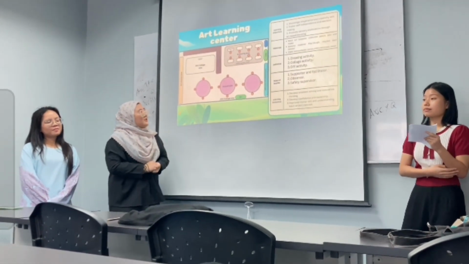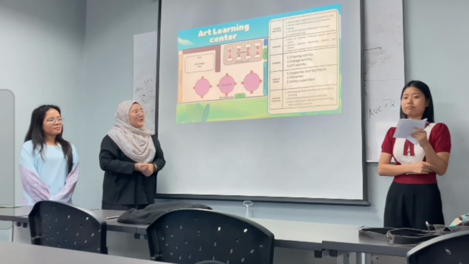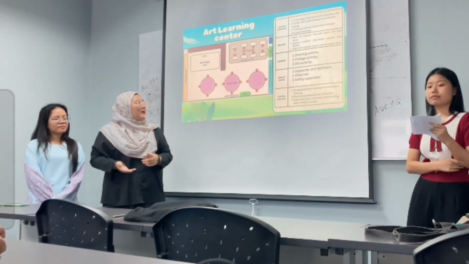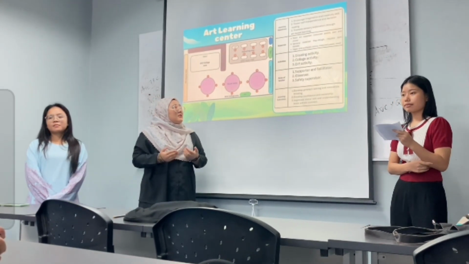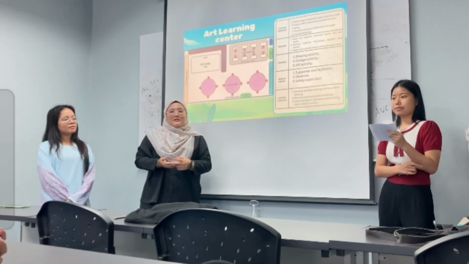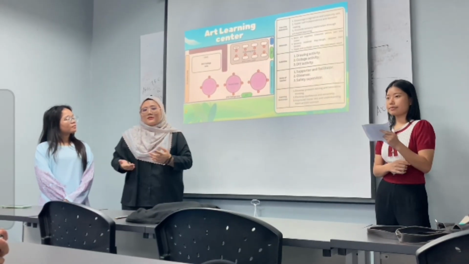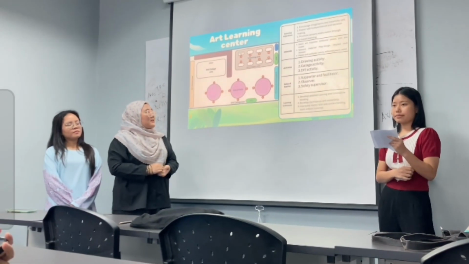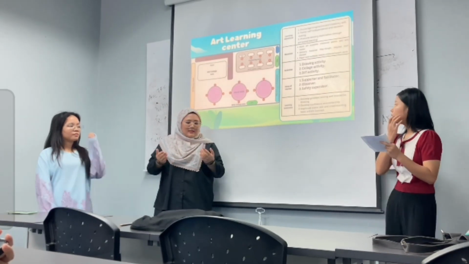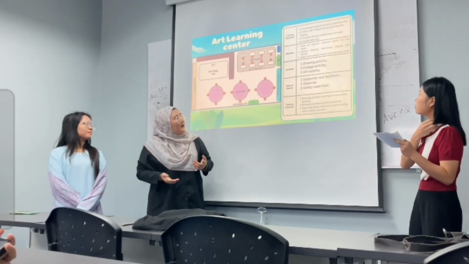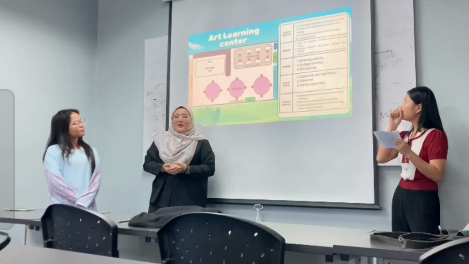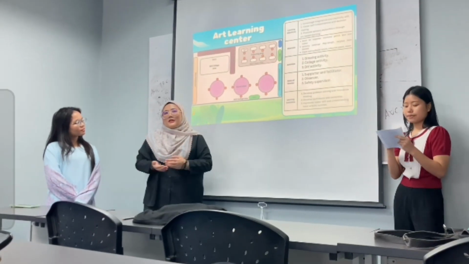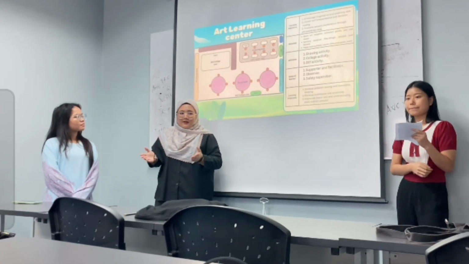For example, basic art supplies such as colored pencils, pens and markers. Second, sensory materials such as Play-Doh and recycled items like boxes, bottles and caps. And lastly, paper and surfaces such as canvas, colored paper and an easel. An easel is a material used to hold the canvas.